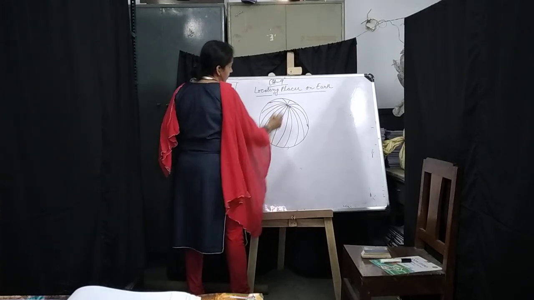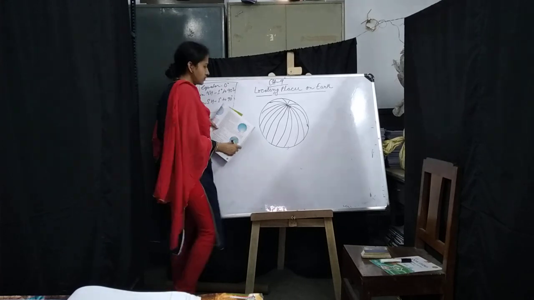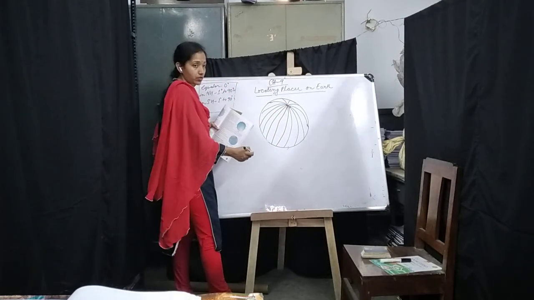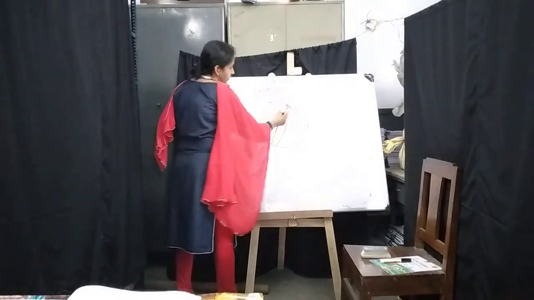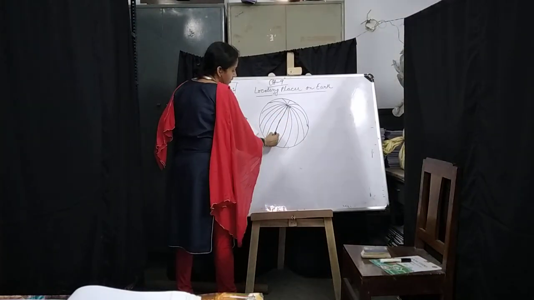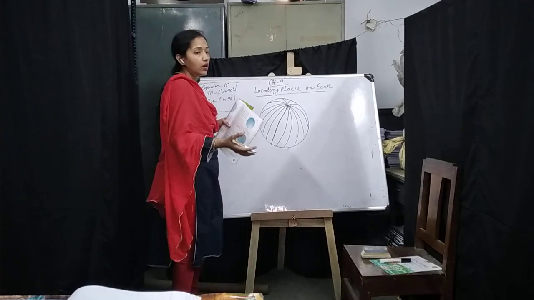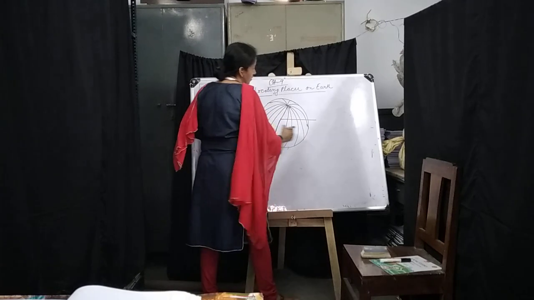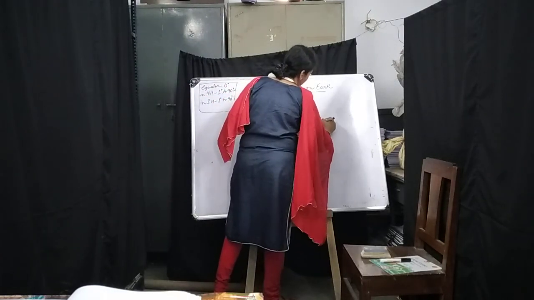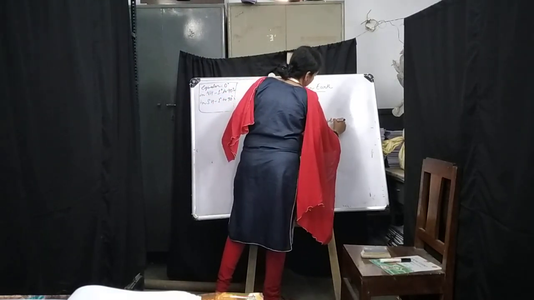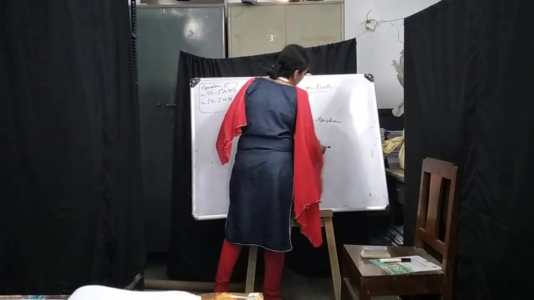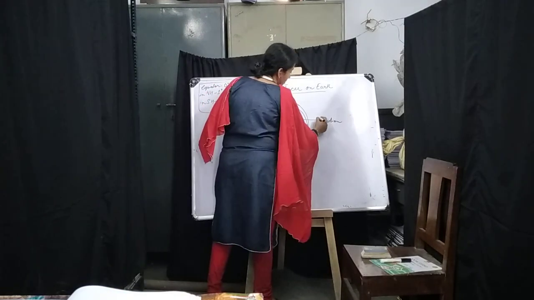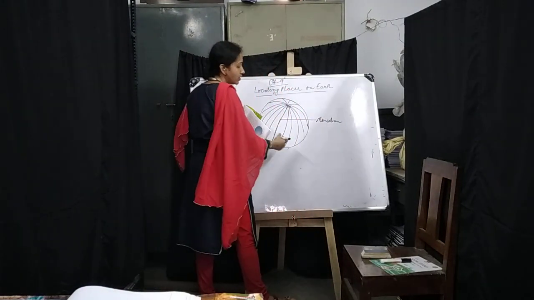So in longitudes, there is a central line, the central meridian, that divides the earth into the eastern hemisphere and the western hemisphere. This is the meridian or longitude, and this central meridian is called the prime meridian.